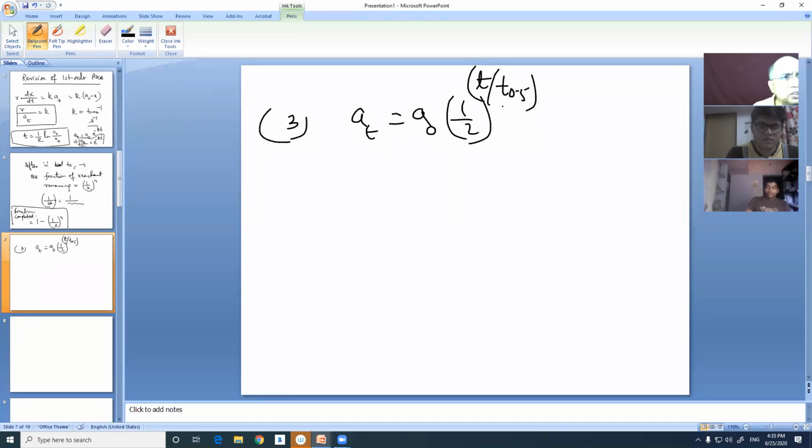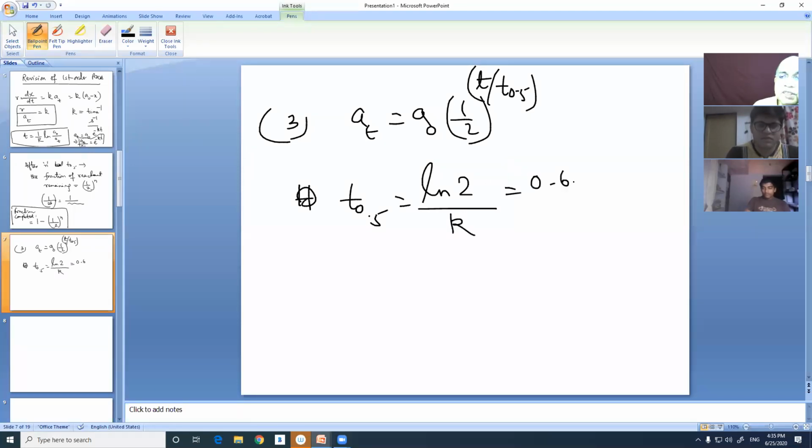So these are the three important ones, and the half-life period is constant, you know, t.5 is ln 2 by k or 0.693 by k. That is the half-life period, which is independent of the starting concentration or initial concentration, unlike second order.